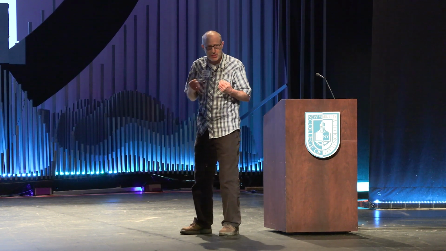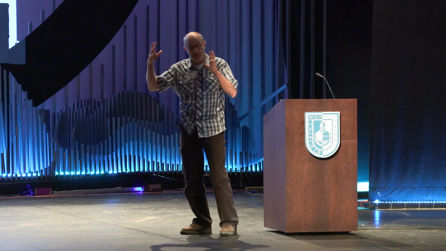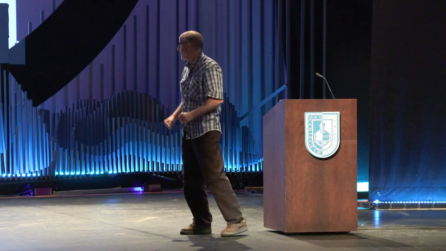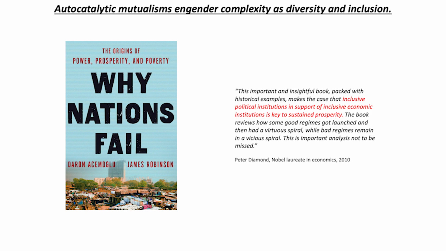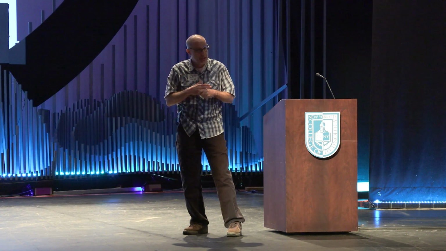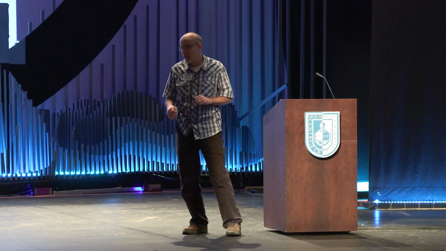So it's a natural, expected property of biological systems, of economies, that they will become more complex, i.e. more diverse over time. And they ultimately argue that inclusive economic and political systems, what they did was they compared nations that were kind of similar in population size and resources, and what they found is those that had inclusive political and economic policies tended to succeed over those that were extractive or exclusive.